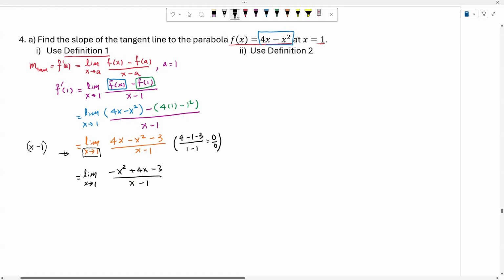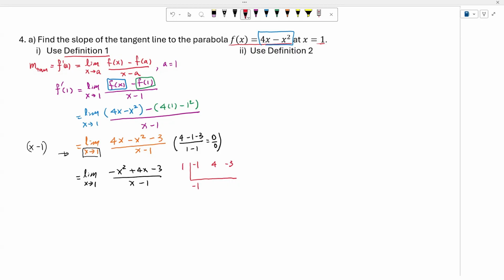Okay. So if you know how to factor, this is great. But again, if you don't know, then maybe we could use synthetic division, right? To set it up, I will have negative 1, 4, and negative 3. And then we are going to divide by x minus 1, so we could use 1 here.